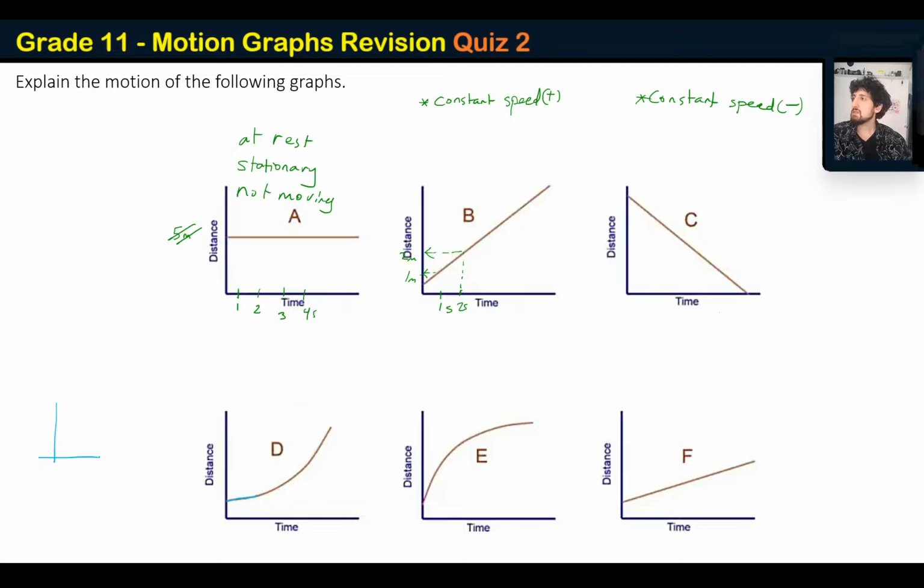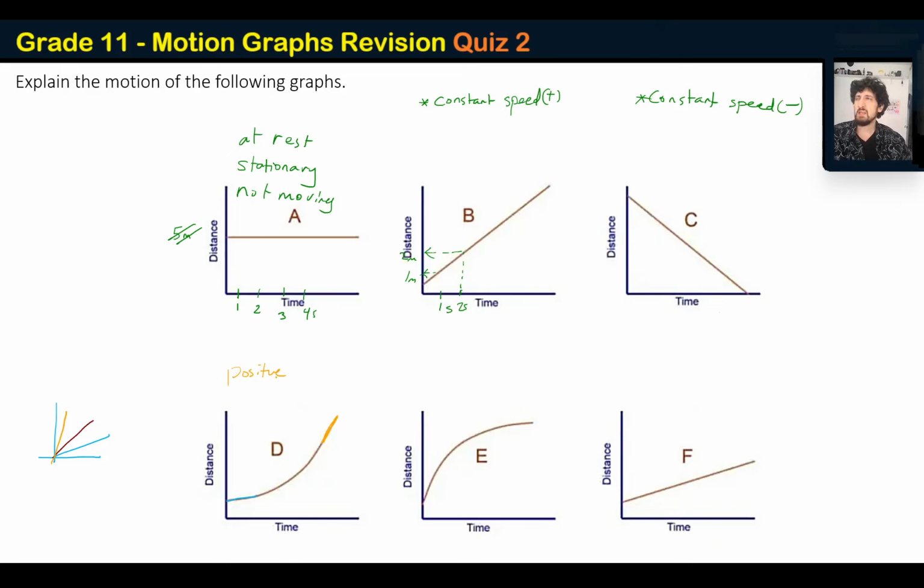Remember what we said: if it's like that, that's kind of slow. If it's like that, it's faster. And if it's like that, it's really fast. So that's gotten faster, hasn't it? Look at the difference between the orange and the blue gradient. What do we call that? We call that speeding up. So that's positive because it's speeding up.